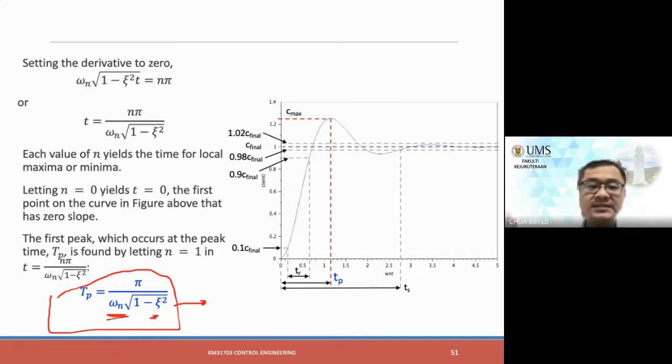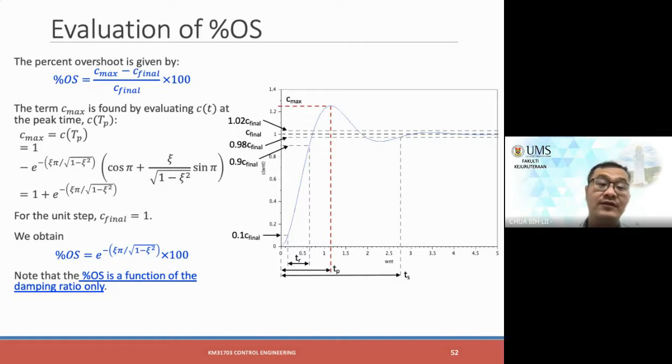Then we readjust our system, and when we readjust, we will be able to know what the natural frequency and damping ratio are, and from there we can estimate the peak time again and again, instead of plotting the graph. So these equations would be very useful for us to evaluate mathematically. The next evaluation would be the percent overshoot.